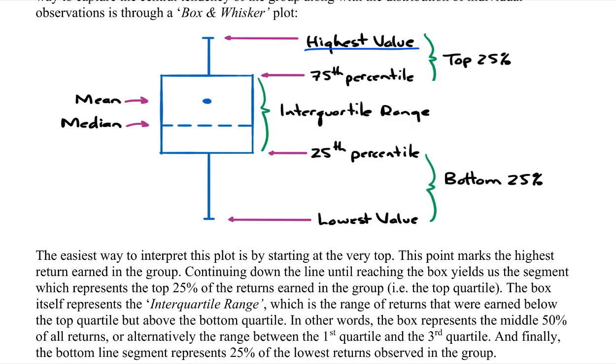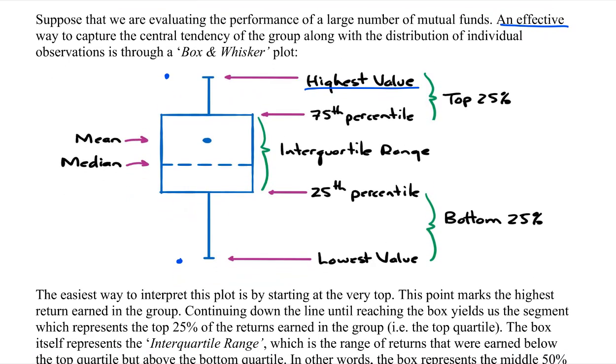Now, the next thing that the data tells us is what was the mean and the median in the distribution. And again, a reminder that the data set includes a whole bunch of observations from the highest value to the lowest value. So we can have, say 500 different mutual fund returns between here and there.